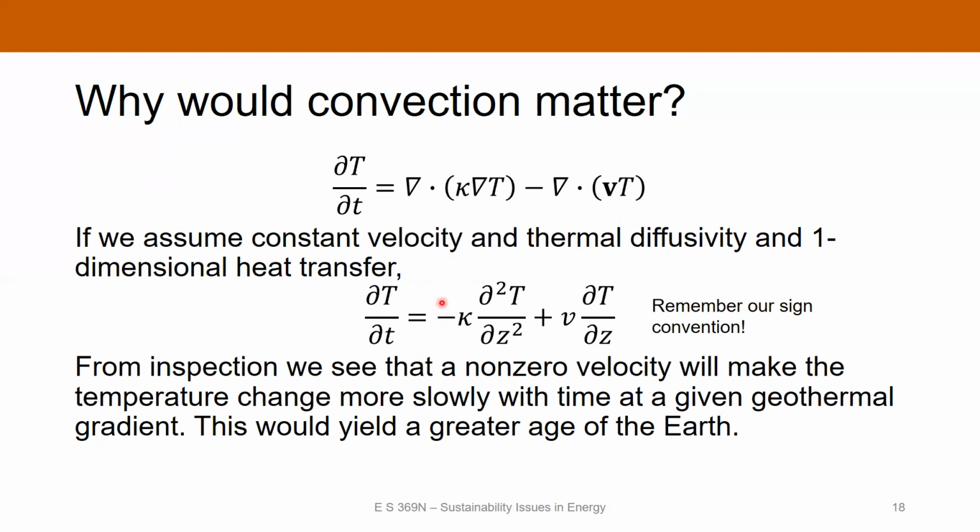What we can see is that if you include this term here, when the velocity is non-zero, it will act to make the temperature change more slowly with time for a given geothermal gradient. So what this is going to do is get us a greater age of the Earth for a given geothermal gradient.